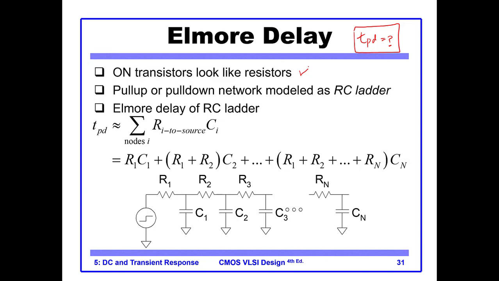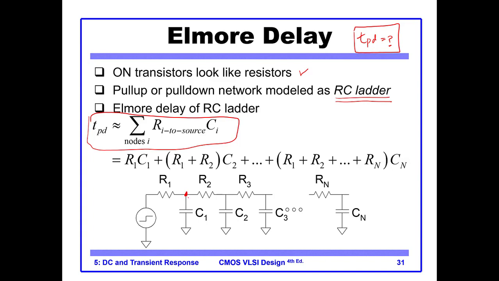So these pull up and pull down networks are modeled as what is called an RC ladder, and the Elmore delay of an RC ladder is this one. So t_pd is approximately equal to the summation of R_i-to-source times C_i. Let me explain what that means.